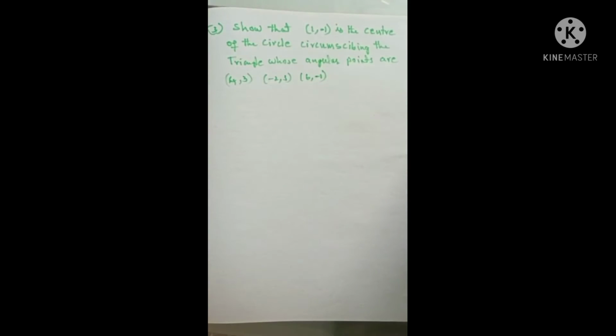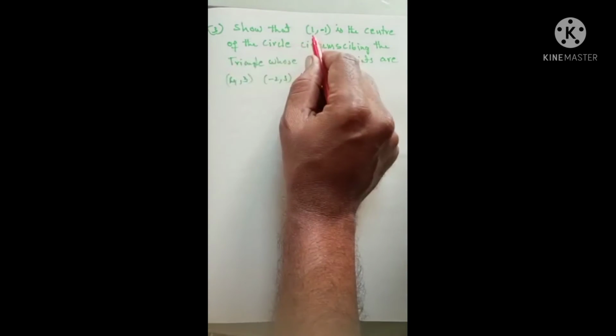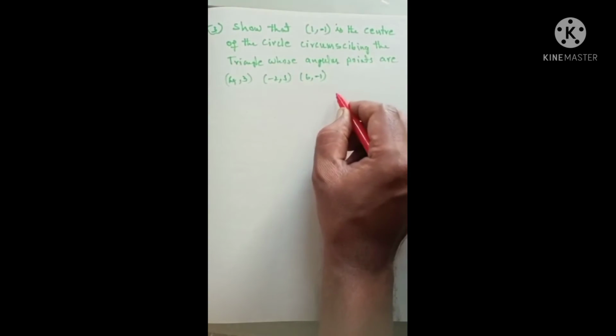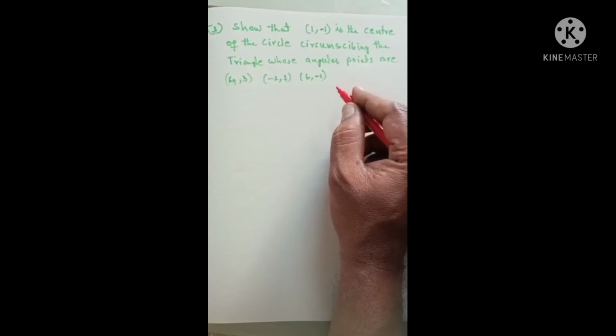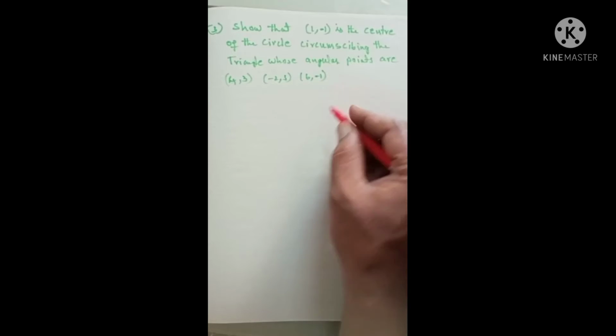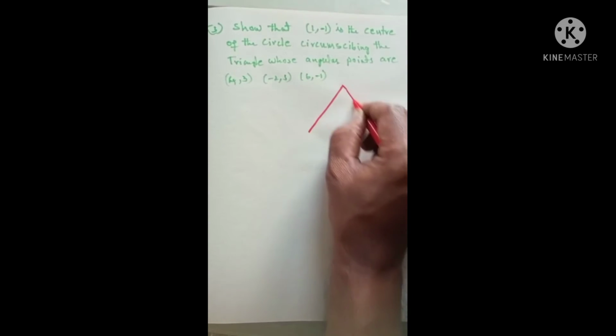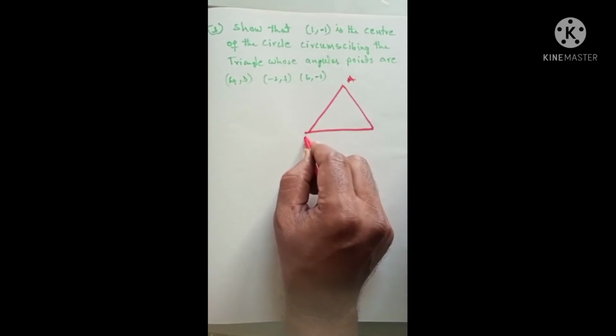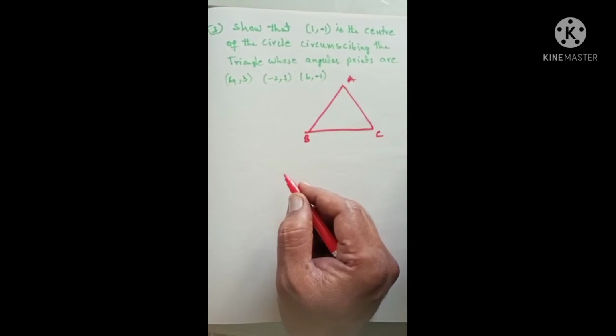You read that question properly. Here what is given? Show that 1 comma minus 1 is the center of the circumscribed circle of the triangle. For example, this is A, B, C, this is a triangle.